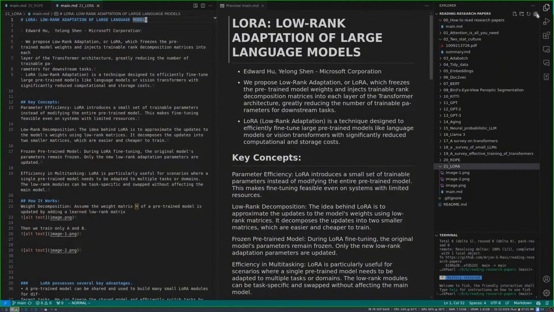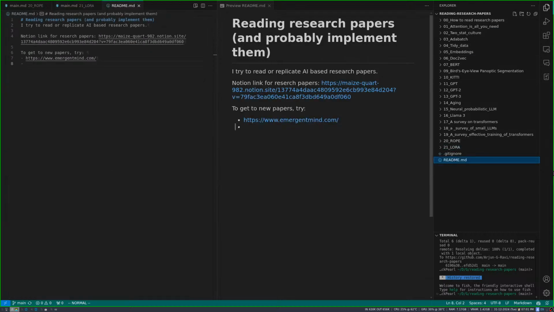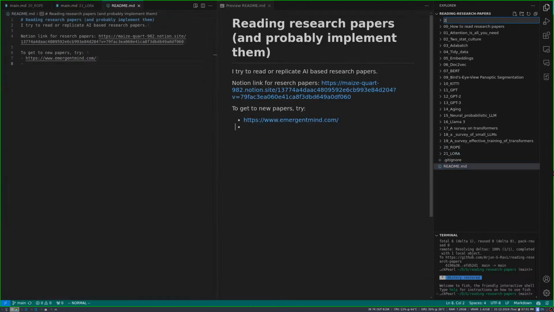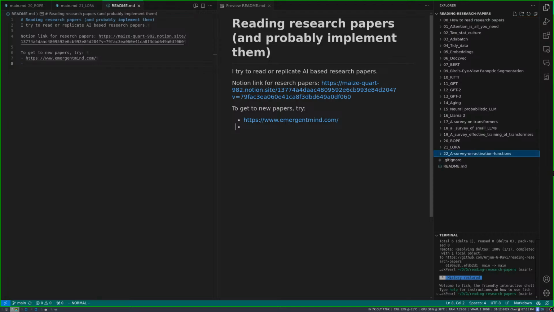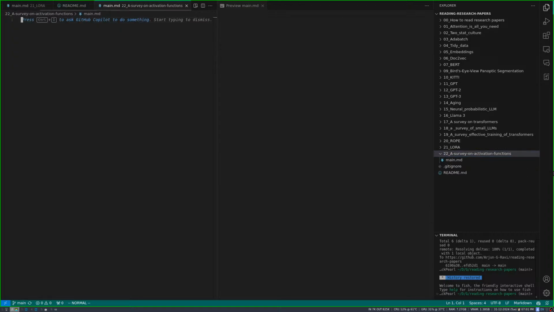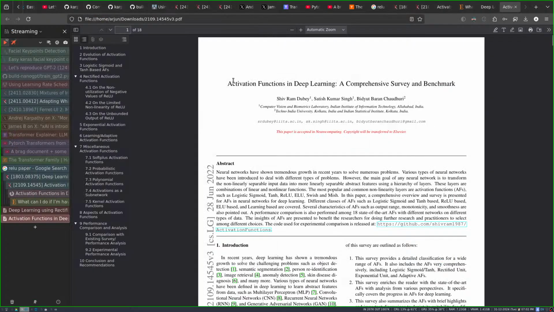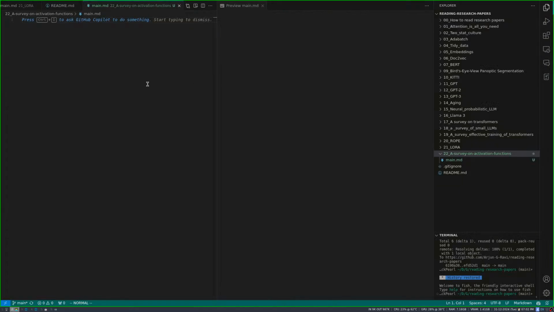So activation functions in deep learning, a comprehensive study and benchmarking.